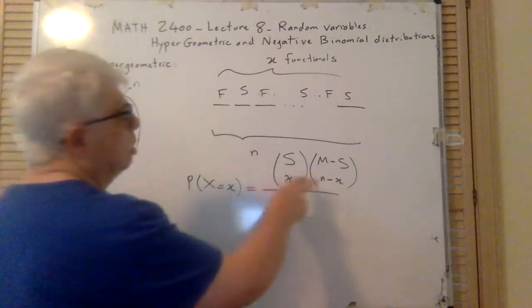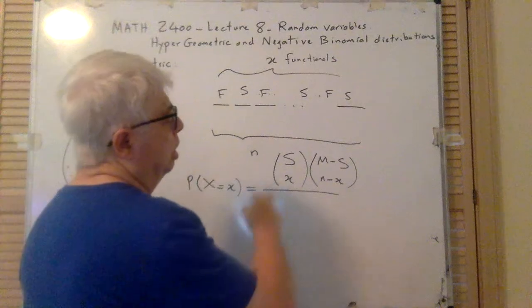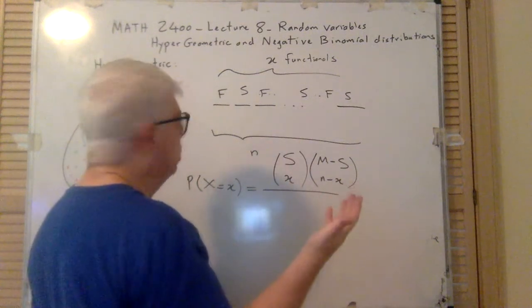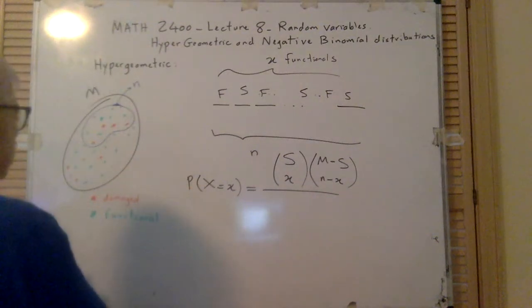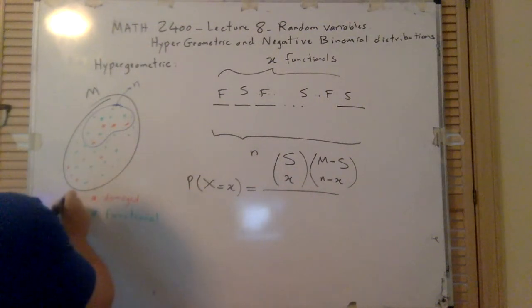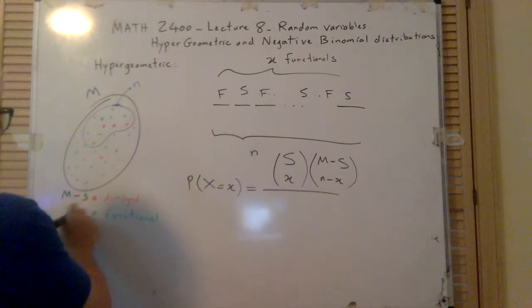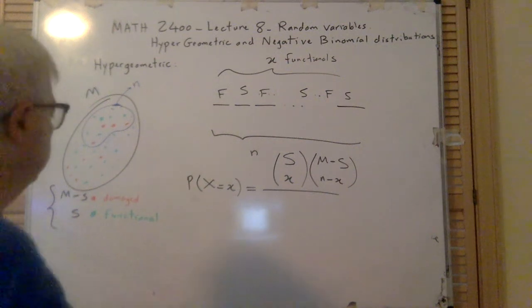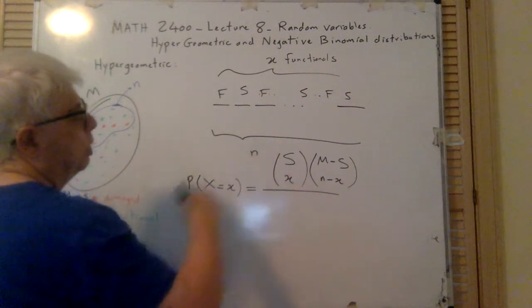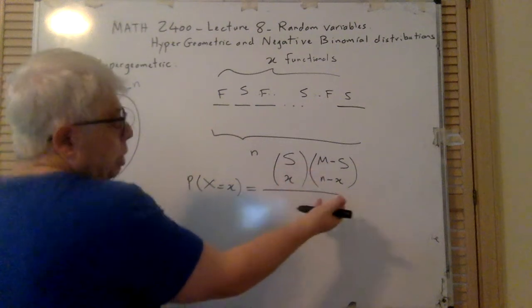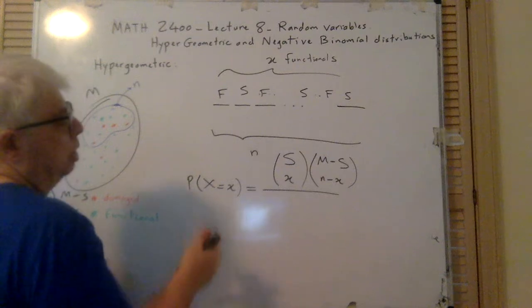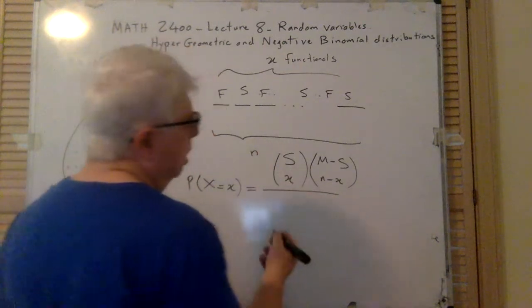So in how many ways can I put them together? That is this way. This is x out of s. Damaged was m minus s, and this was s. So I am choosing x out of s, and then definitely that will be n minus x out of m minus s. Now, in how many ways can I just choose n?